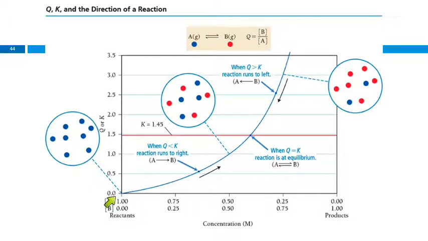If I were to calculate Q down here, I would have 0 over 1, which is 0. Let's actually write these down. So at this point, Q equals 0 over 1, which is 0. Here, Q equals 0.25 over 0.75, which is 1/3, right?